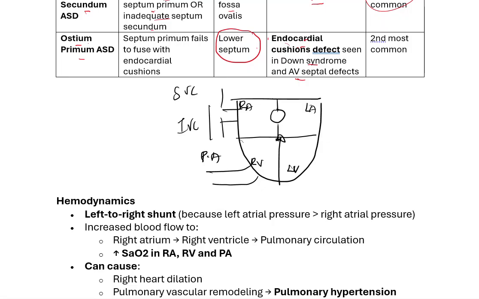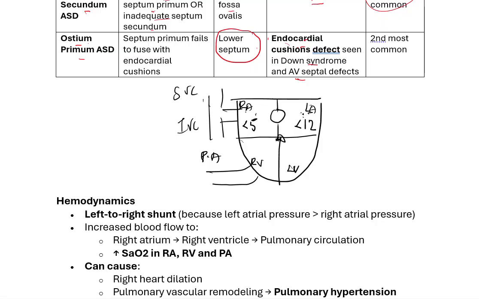So normally, like we mentioned earlier, after birth, the pressure on the left side is more than the pressure on the right side. If you look at the pressure in the left atrium, it's usually around 12, so less than 12. And the pressure in the right atrium after birth is also less than 5.